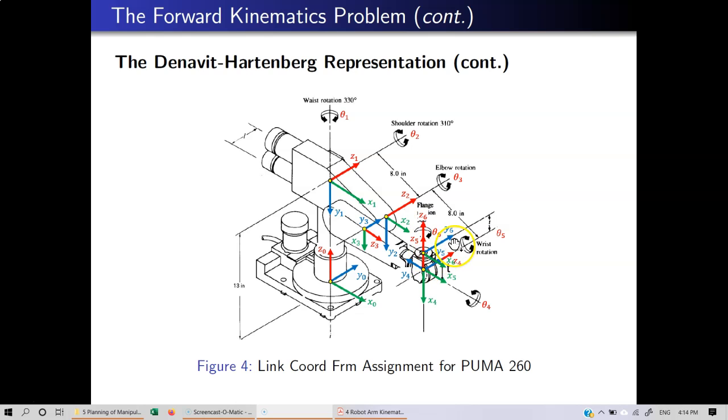And then we have our Y6 according to the right hand rule. So there we go, we have established the coordinate frame for every link for PUMA 260.